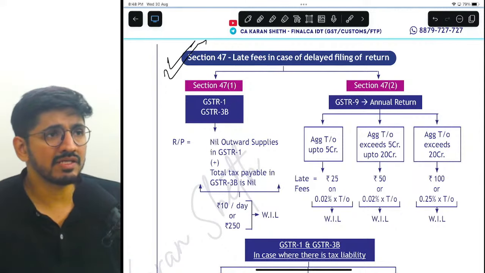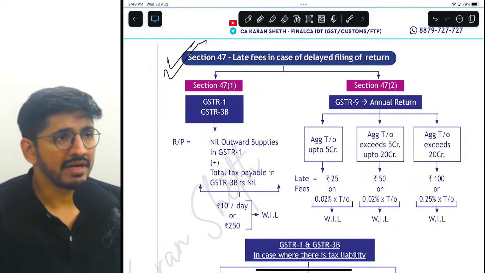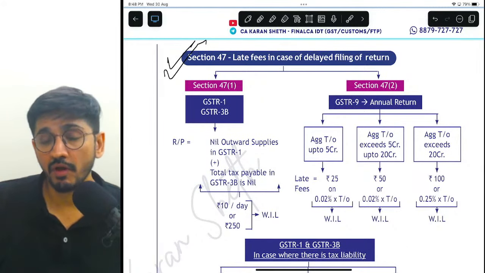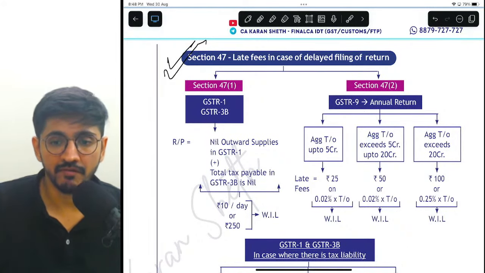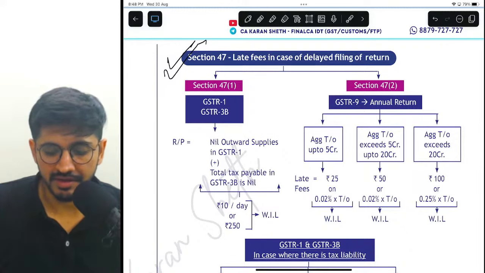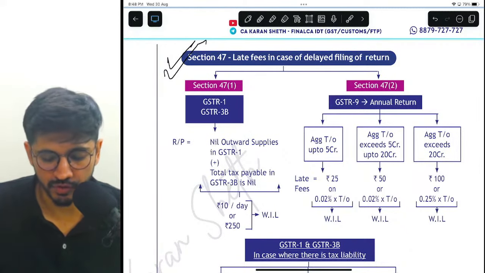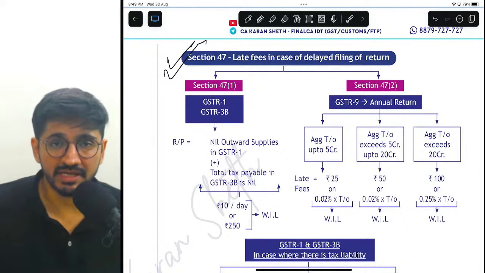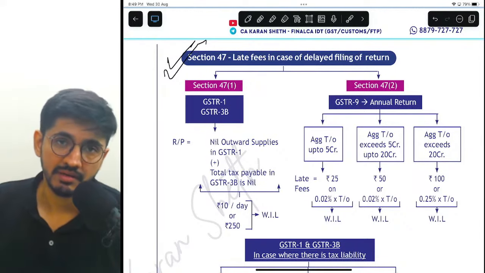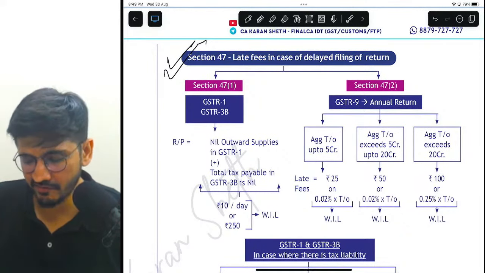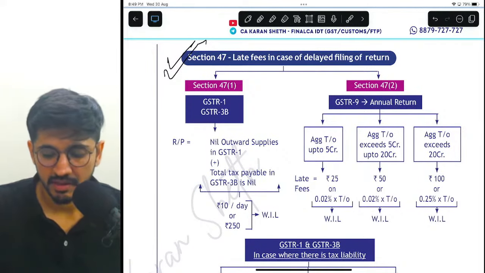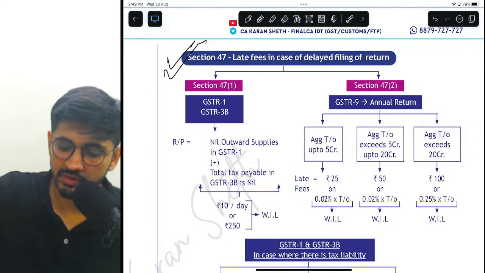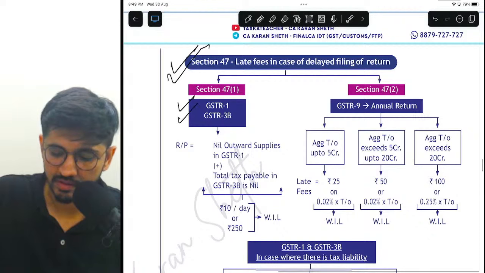Understand, interest will always be due to delayed payment of tax, but late fee will always be due to delayed filing of return. I'm so sorry. So the entire section 47 has undergone amendment. 47.1 and 47.2. 47.1 is, my dear friends, both GSTR 1 and 3B.